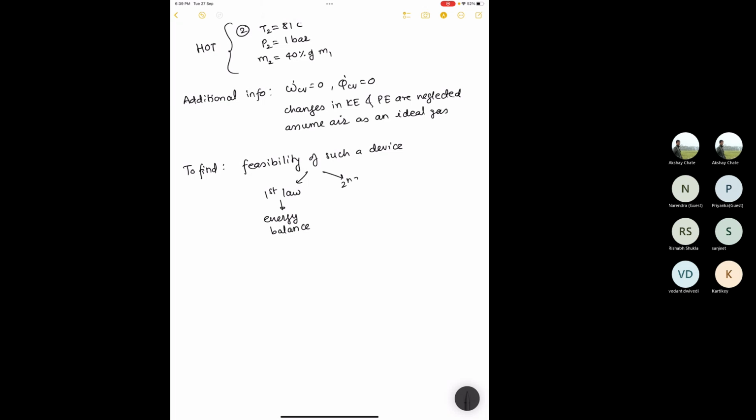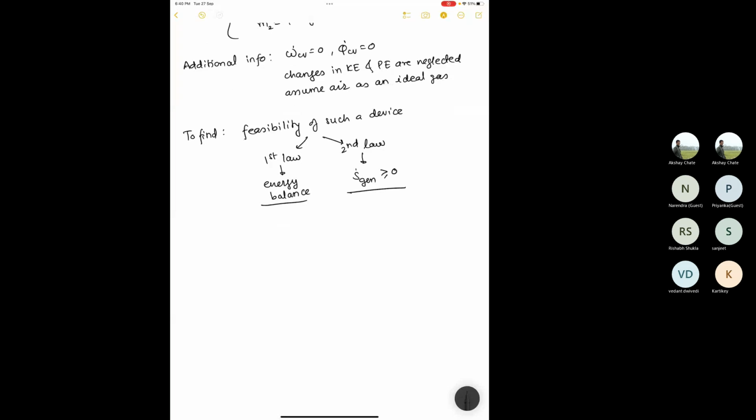Basically, the S_gen term, the entropy generation term, should be greater than or equal to 0. Equal to 0 in case it is reversible, or if it is not mentioned, you can just take greater than 0, but the more apt description is greater than or equal to 0. If it satisfies these two things, then it is okay.